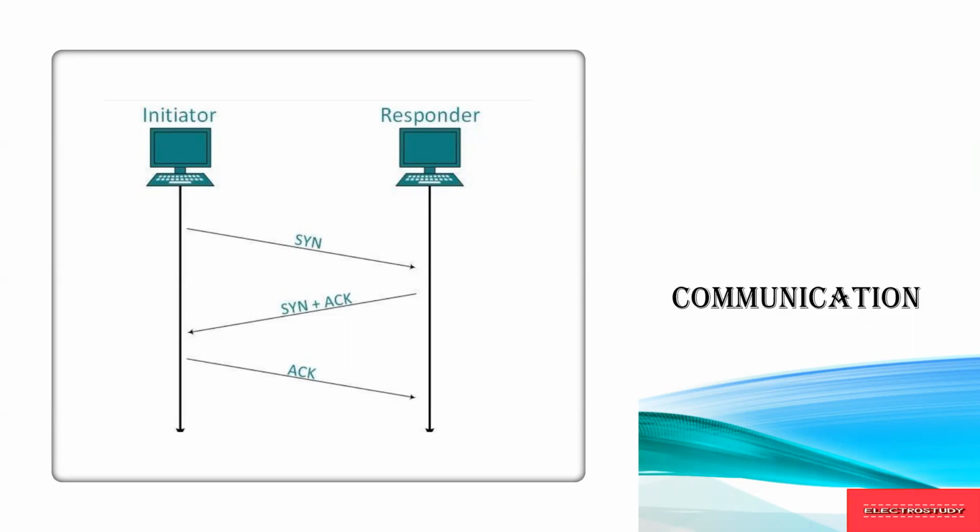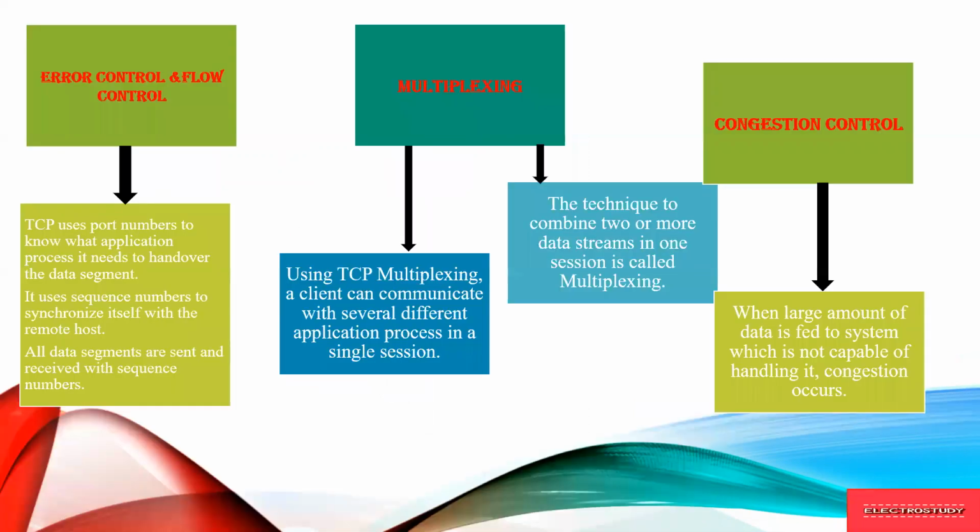So during this initiator and responder synchronization and acknowledgement, bandwidth management is also done. That is, the window sizes are provided for each packet, and it ensures that each of the size is completely filled when it reaches the responder. So bandwidth management is also done during this communication.